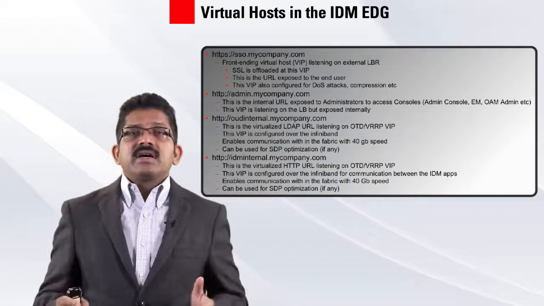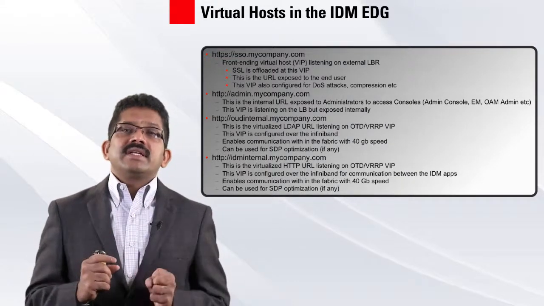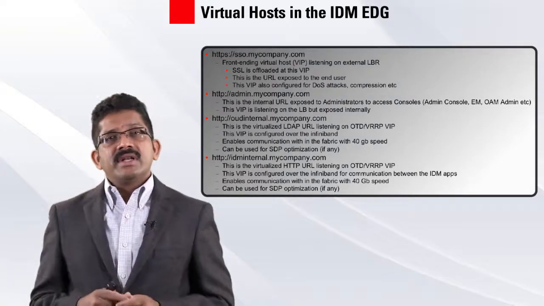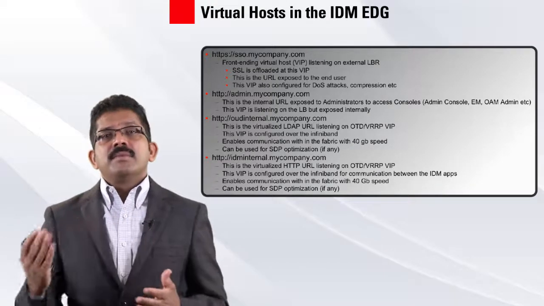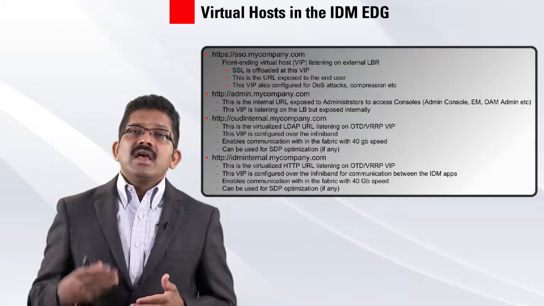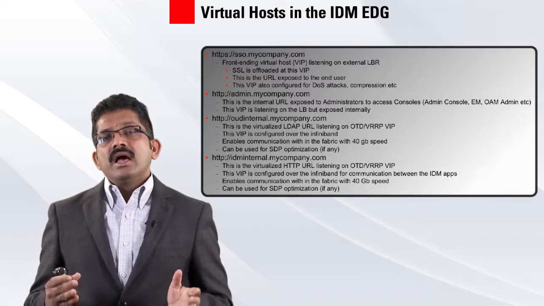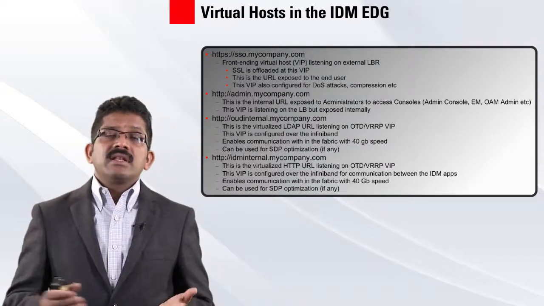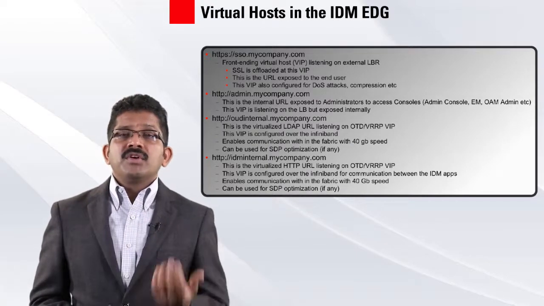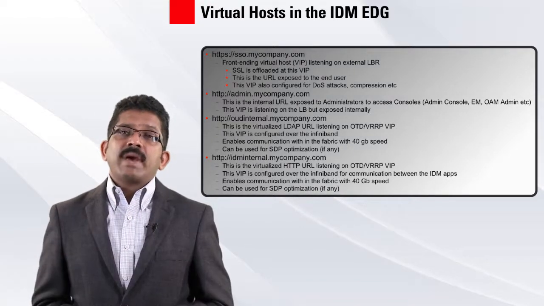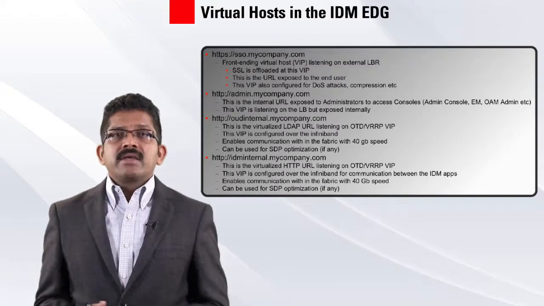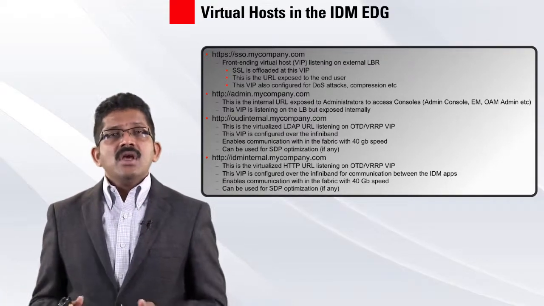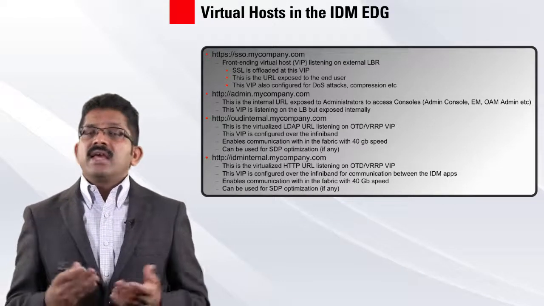But the rest of the VIPs within the data center we configure in non-SSL to avoid the additional overhead of SSL offloading. But based on customer requirements, they can have SSL on every virtual endpoint or every communication path. Banking or Department of Defense or some sectors need SSL everywhere.